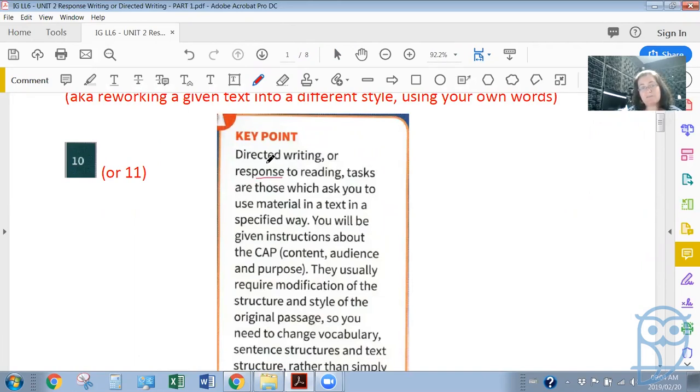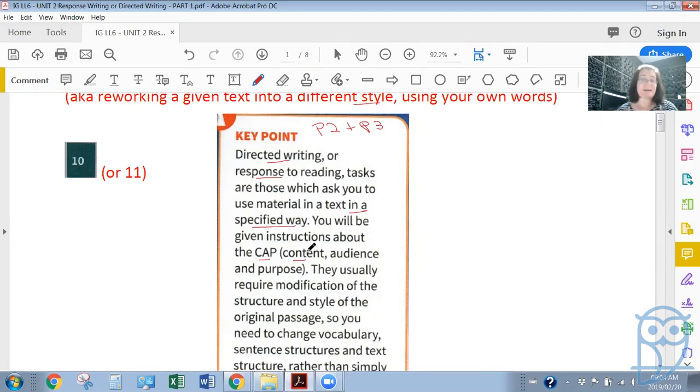So you'll notice that this falls under the category of paper 2 extended reading and paper 3 directed writing. Okay, both of these tasks are those which ask you to use material in a text in a specified way, right? In a specific style. You will be given instructions about the content.